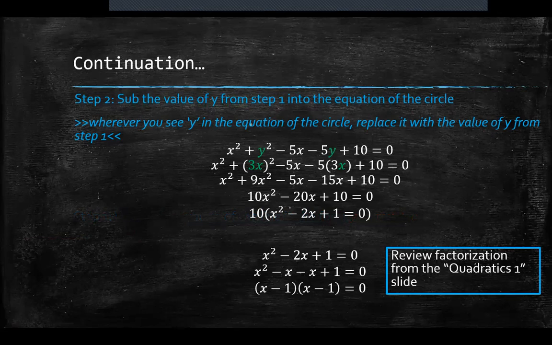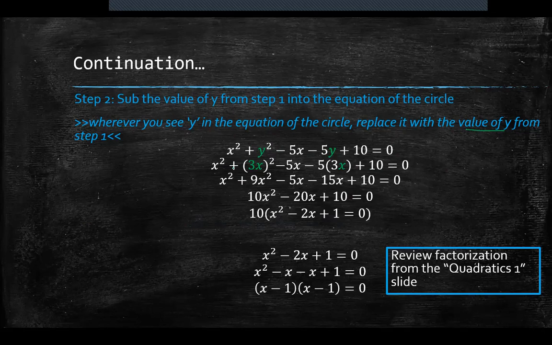In this case, the equation of the circle is x squared plus y squared minus 5x minus 5y plus 10 is equal to 0. So wherever I see y in this equation, I see y here highlighted in green, and I see another y here, I'm going to replace it with 3x. Why? Because 3x is the value of y that they're referring to.